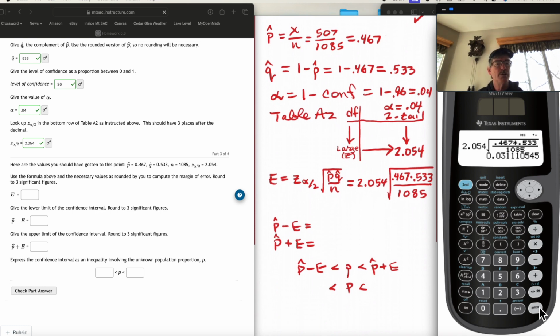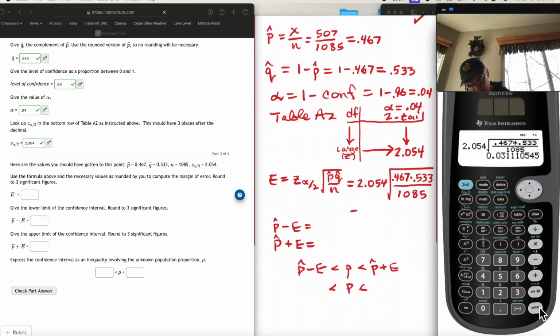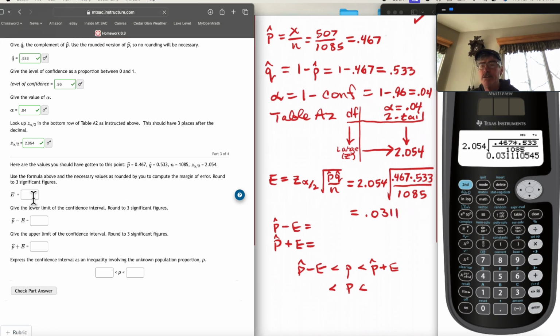Okay, so here again we like 3 significant figures, which means you start counting at the first non-zero digit. So we're going to go 0.0311. Okay, let's see if that comes out all right here. Looks great. And now we can do our limits for the confidence interval.